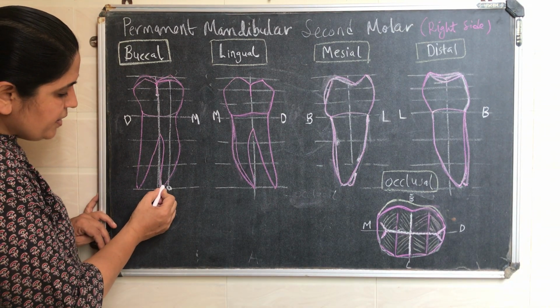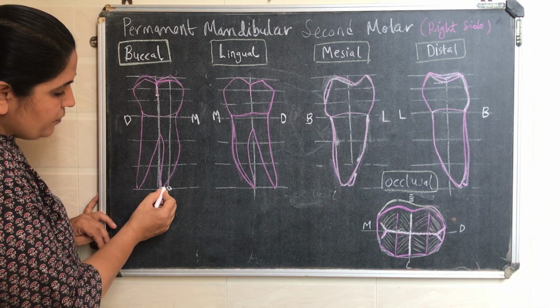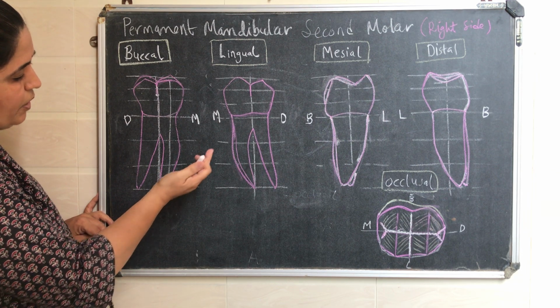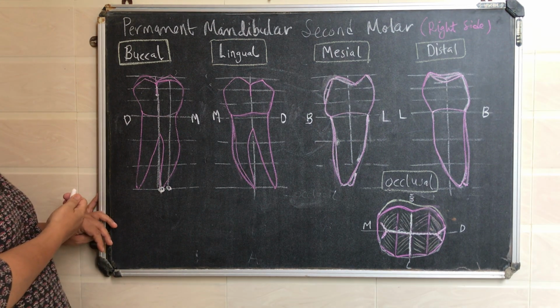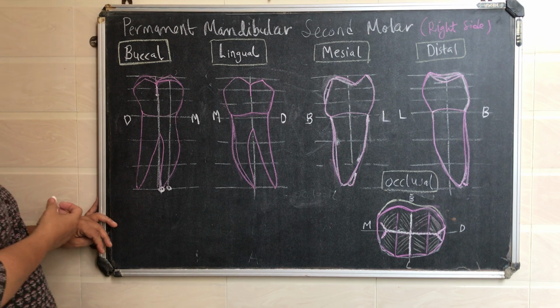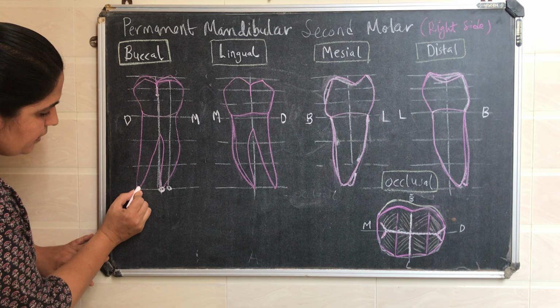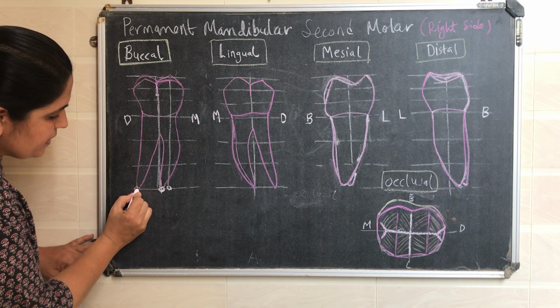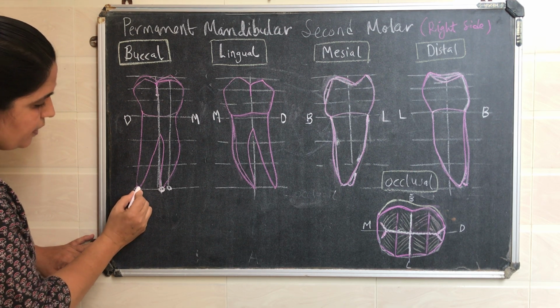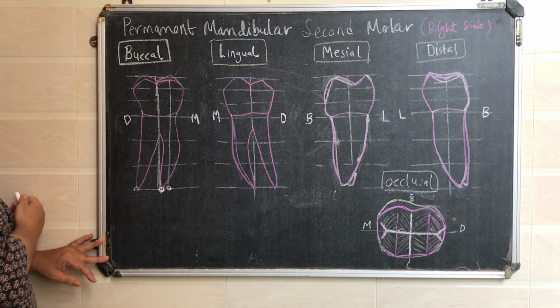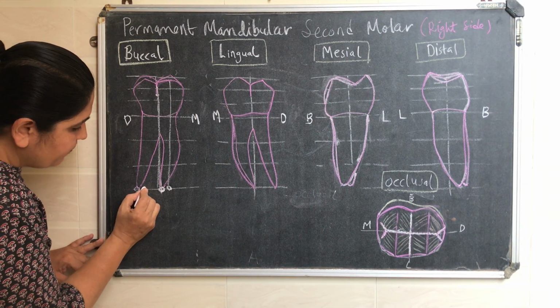Why is there a change in position of the apex of the mesial root? It is because of the more distal inclination of the roots. Likewise, the apex of the distal root is more distally placed as compared to the first molar.